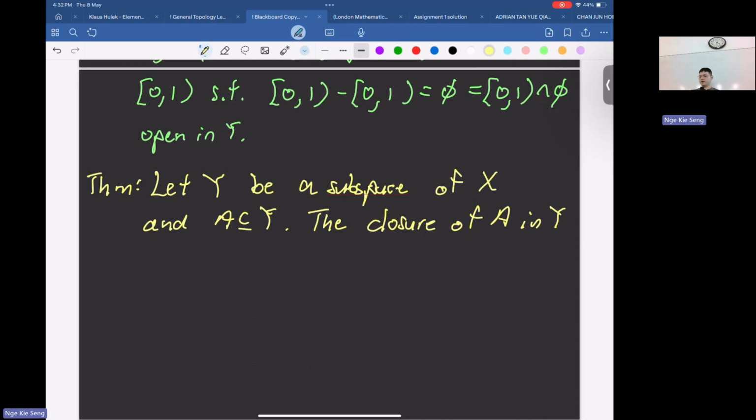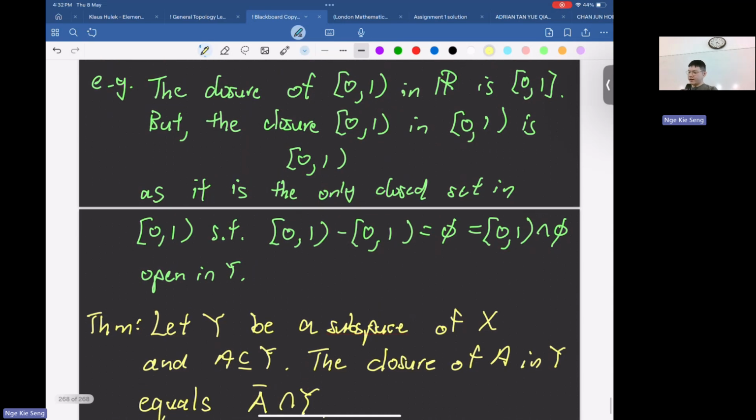It is quite obvious also. You take the closure in X first and then just intersect with Y. If you look at the previous example, you take the closure in R first, intersect with Y, so you get back your Y.